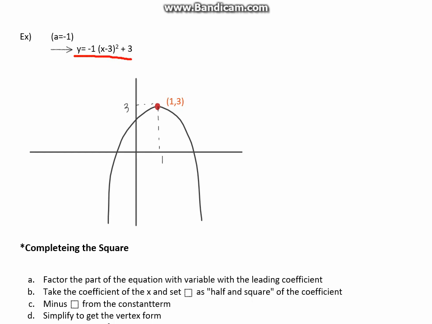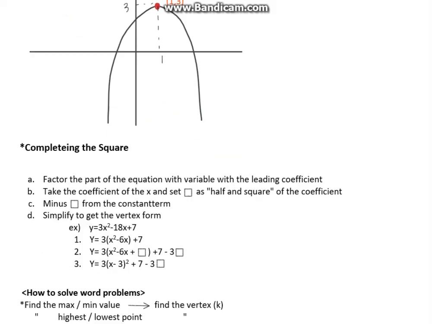If we take a look at the graph, as you can see, it's going to point downwards, and this is because a, in this case -1, is negative. So if the a is negative, your graph is going to point downwards. Basically, if a was just +1, then the graph would be upside down and kind of look like this. Okay, moving on.